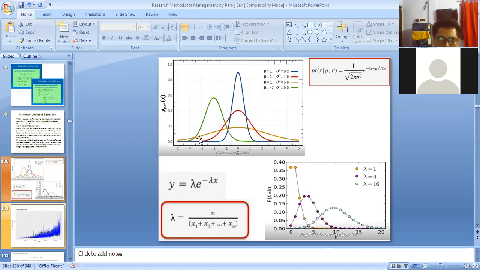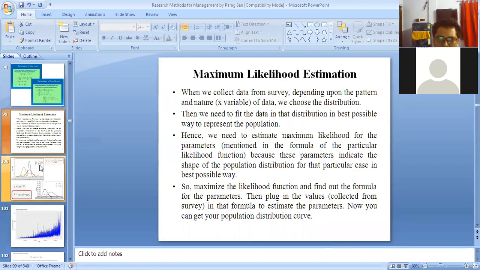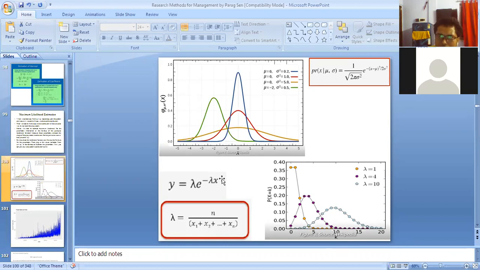What we try to do from the maximum likelihood function: suppose you have got a set of data. Now if you plot the data graphically, depending upon its nature, you can understand which particular distribution you should follow.